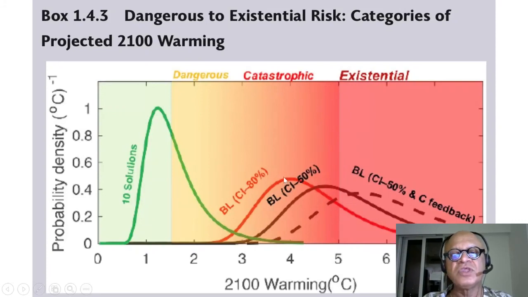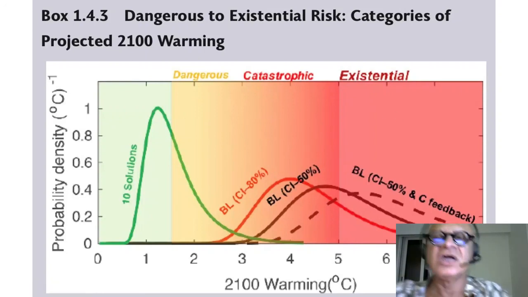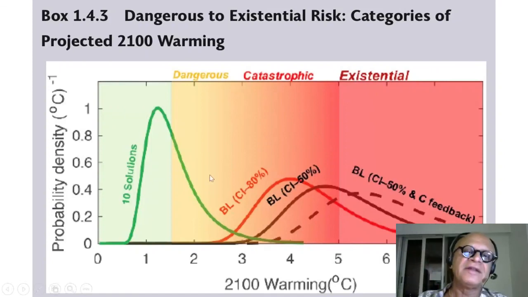So the 80% probability is here, and confidence interval, and I hope I'm right about that. I will check and correct it next time. Okay. Nonetheless, these are considered dangerous ranges, catastrophic ranges, and here is where we will get into existential crises. And these are what are proposed in the book.